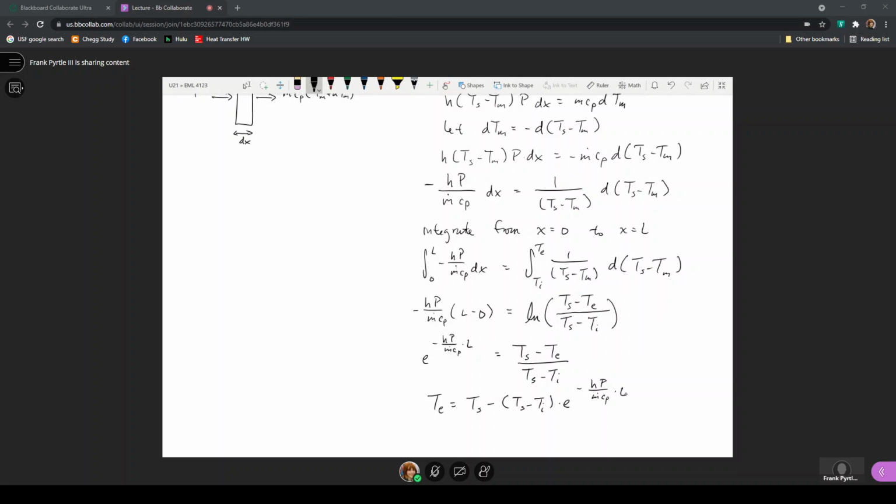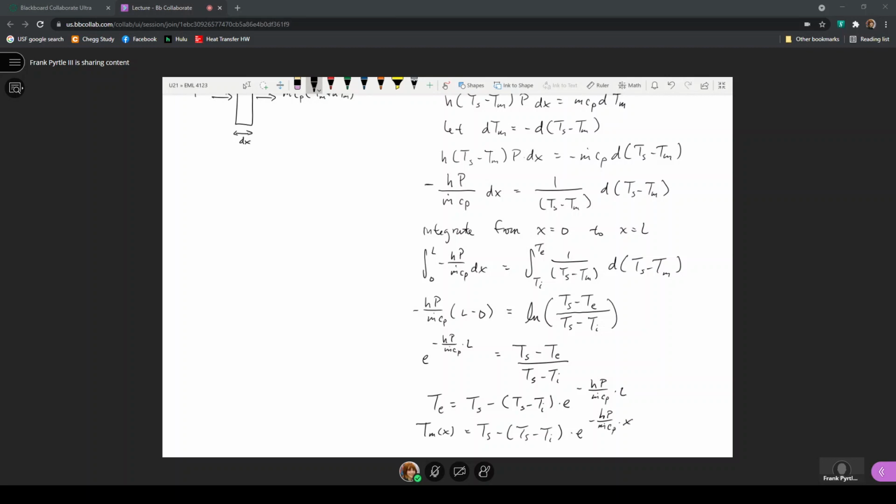And here the temperature at the exit of the pipe is based on us going all the way to x equals L. If I want an expression for just the temperature of the fluid as a function of the length of the pipe, then Tm as a function of x will still be the surface temperature minus the quantity surface temperature minus the inlet temperature, times the exponential of minus hP over m dot c sub p times x.